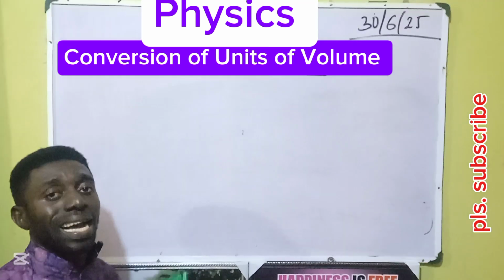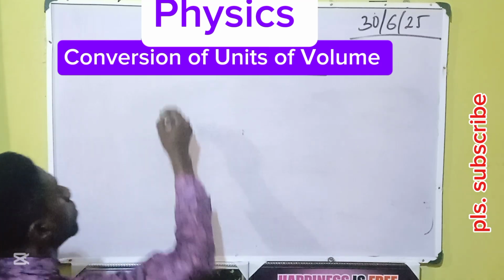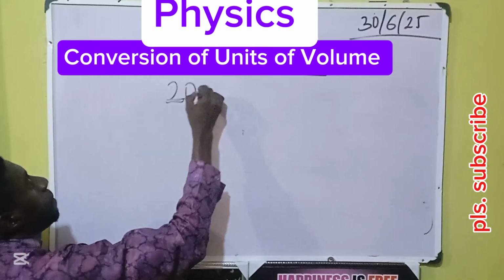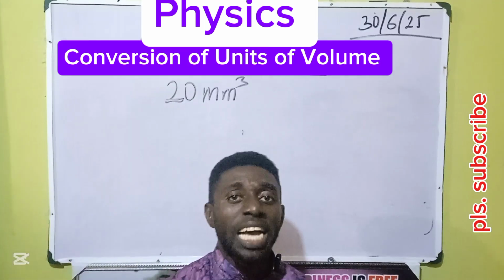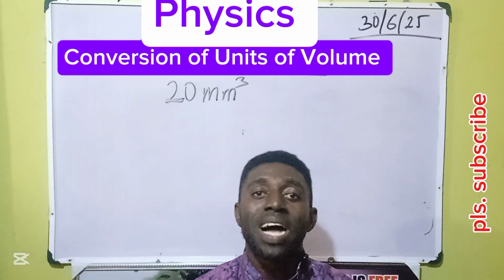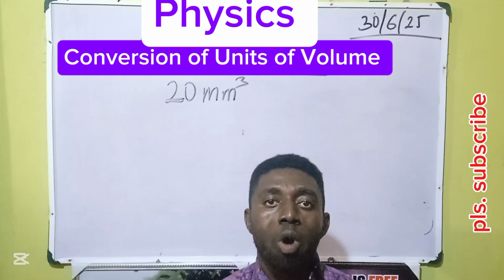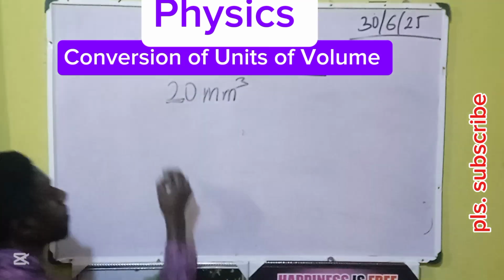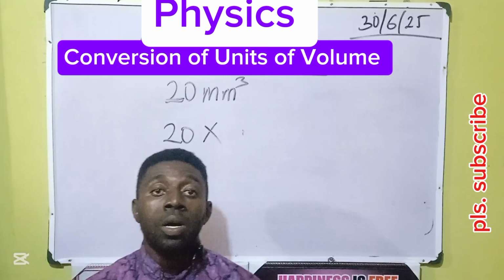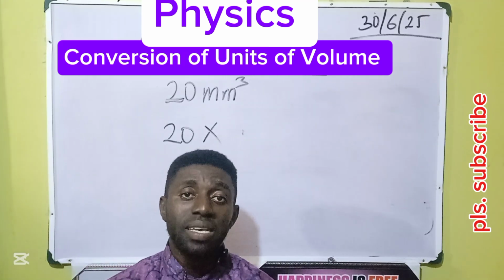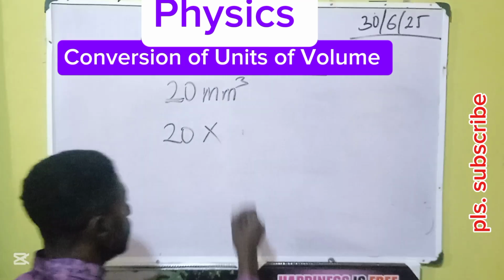Okay, let's take another conversion. Let's have 20 millimeter cube of volume. We want to convert to meter cube or cubic meter. We'll go mathematical again. 20 times. Recall, the word milli means 1 over 1,000.